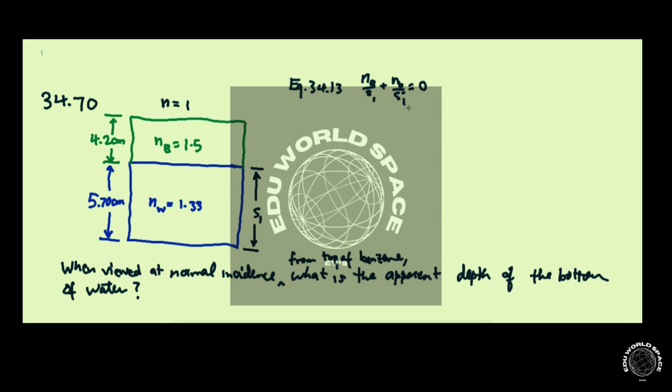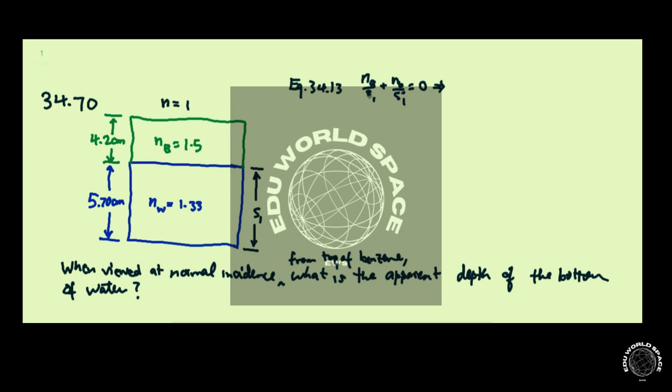Let's call these S1 and S1 prime. And the idea is to find the image that we get, or the apparent depth, which is the same thing as the image for this benzene-water interface.